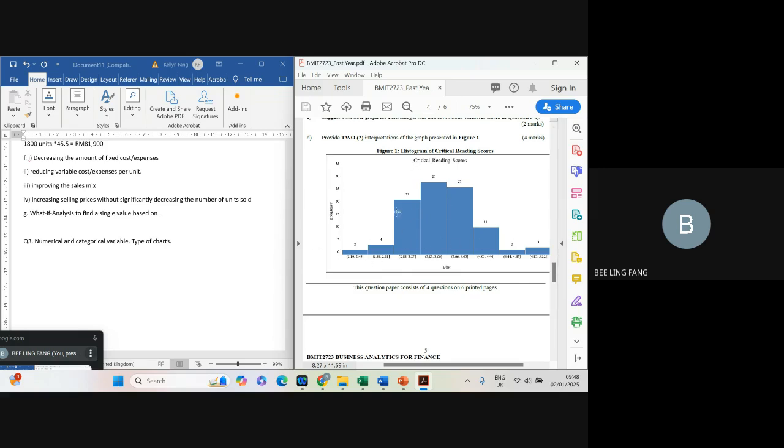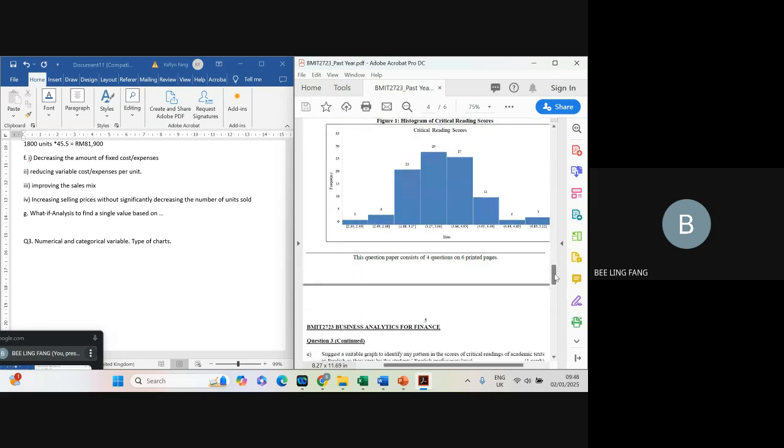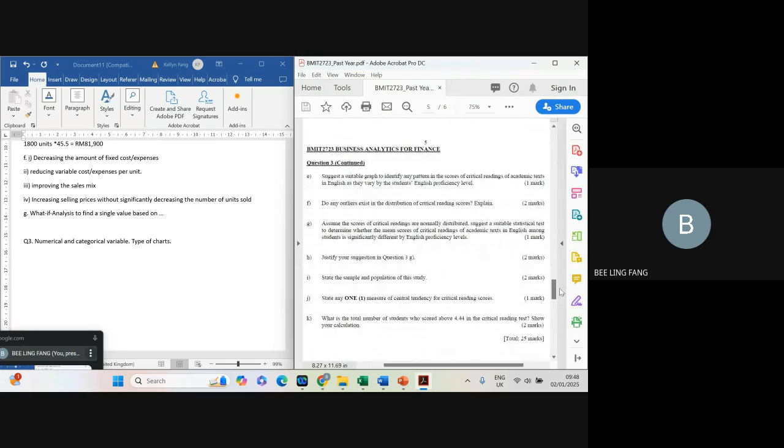This is the mode. The mode is in between this range, right? So any outliers? If there's a gap, blank, and then there is a value, then that's an outlier. Okay. So you can see there are so many sub-questions, right? Yeah. So basically, you have to learn how to comment on the plot, right?